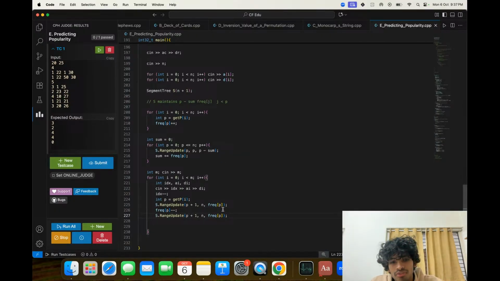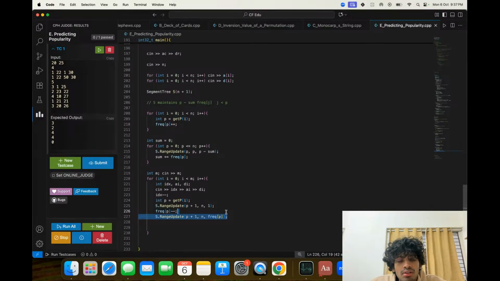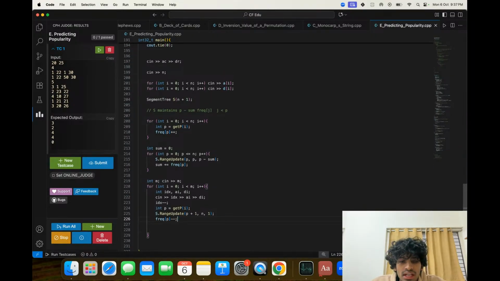Otherwise, instead of both of these, I should just add plus one, right? Because it got reduced. I should just add plus one here.